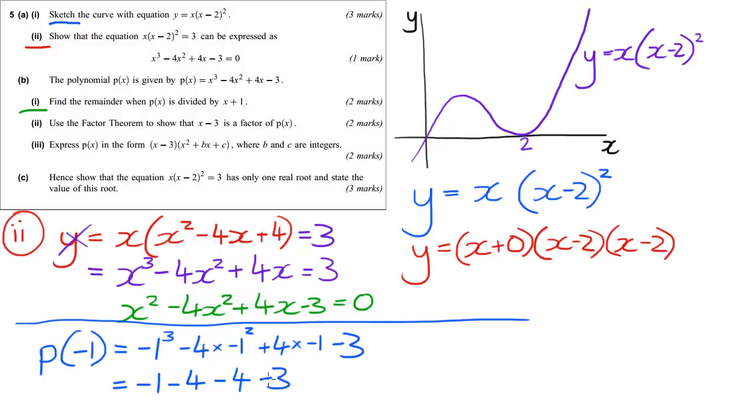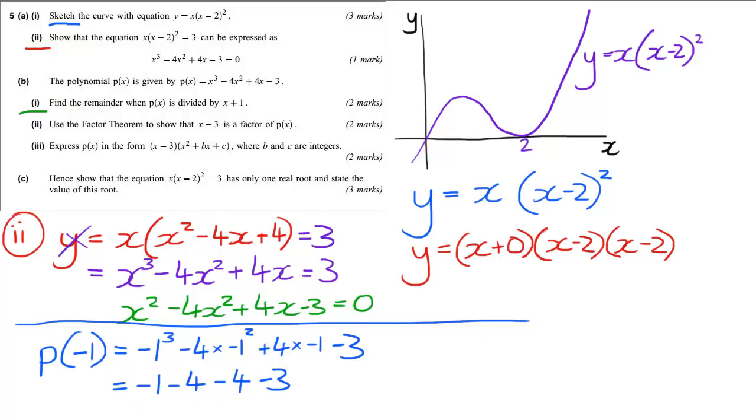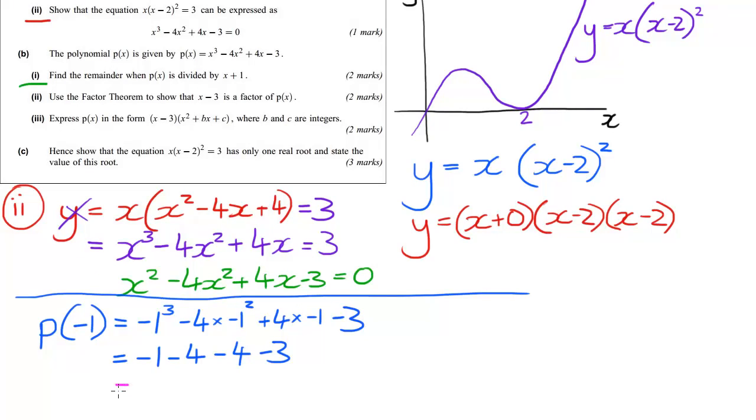So what is that going to give us? That is going to give us minus 12, unless I'm mistaken. Let me go down slightly. So equals minus 12.